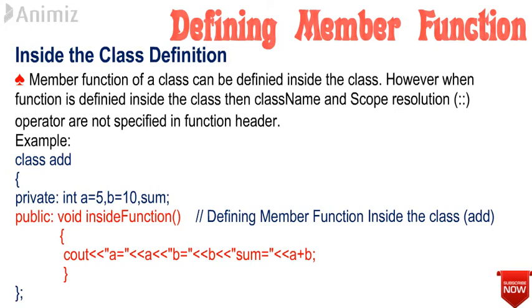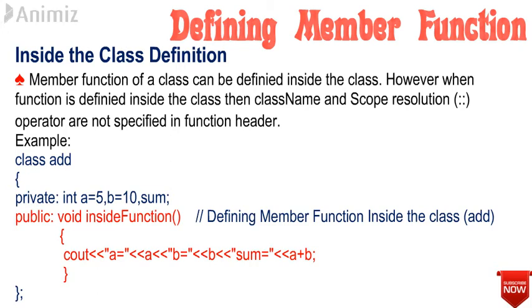To define member function inside a class, the function declaration within the class is replaced by actual function definition inside the class. A function defined in a class is treated as inline function. Only small functions are defined inside class definition.